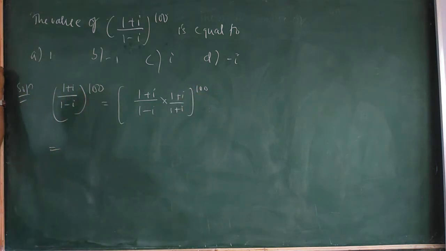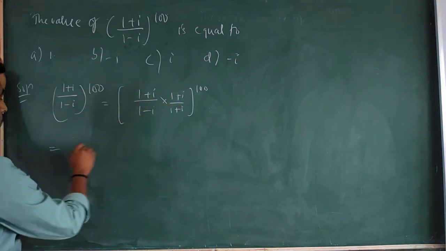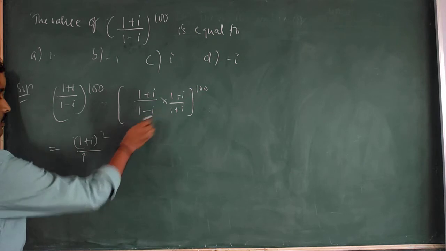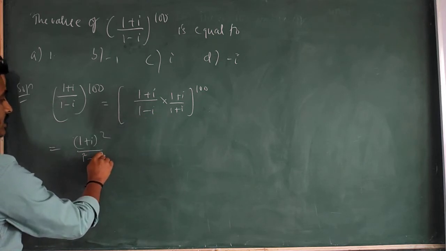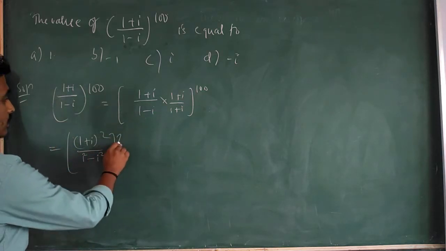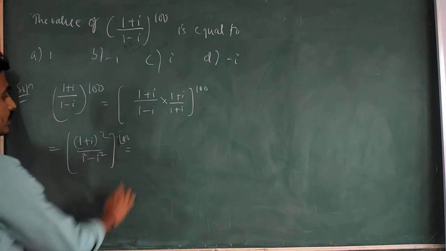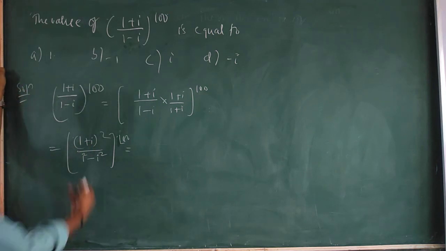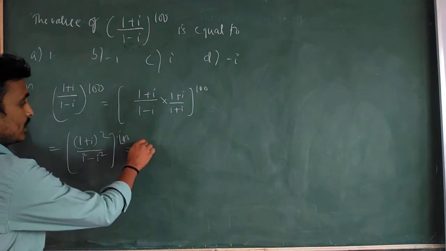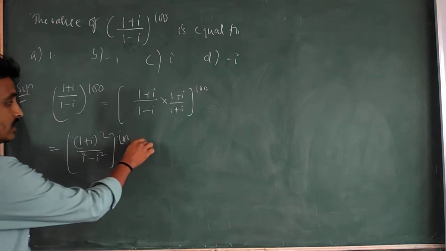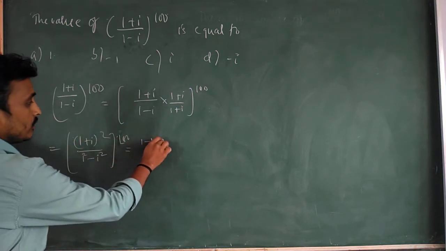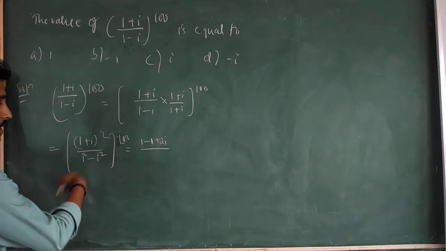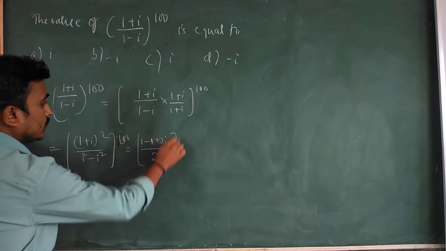Now (1 plus i) whole square divided by (1 square minus i square), to the power 100, equals (1 plus i) whole square. 1 square is 1, plus i square is minus 1, and plus 2i, divided by 1 square is 1, i square is minus 1, minus plus, that is 2, to the power 100.